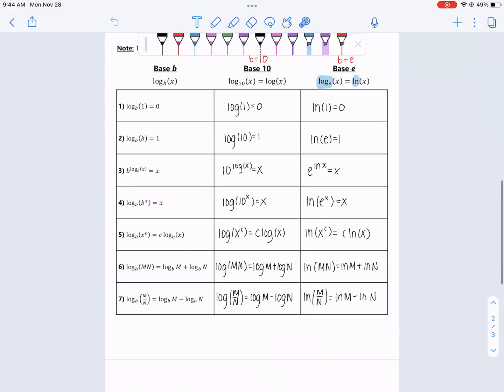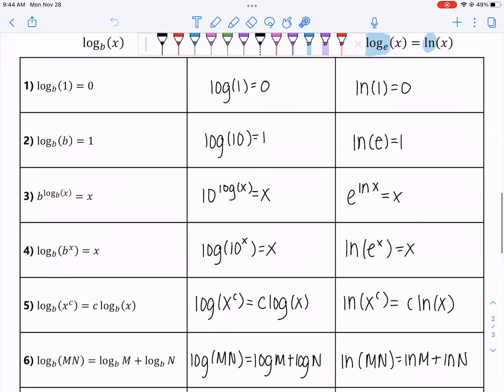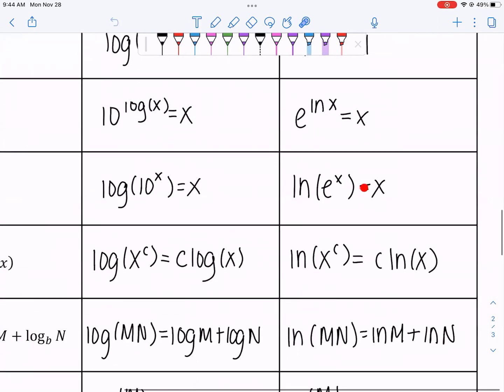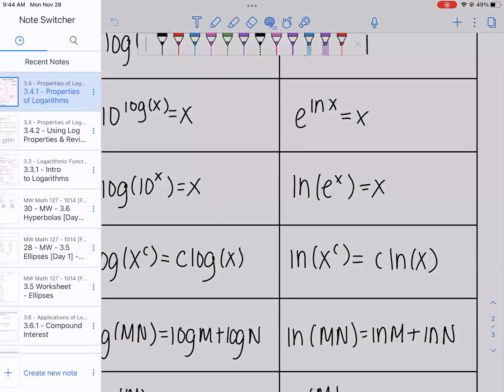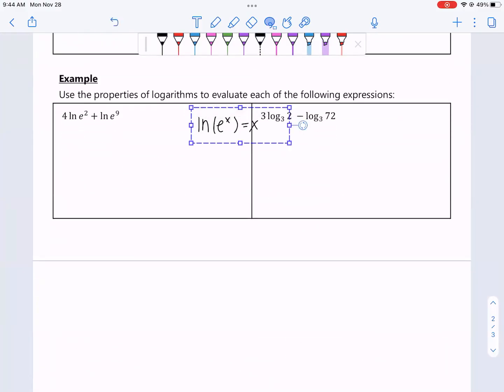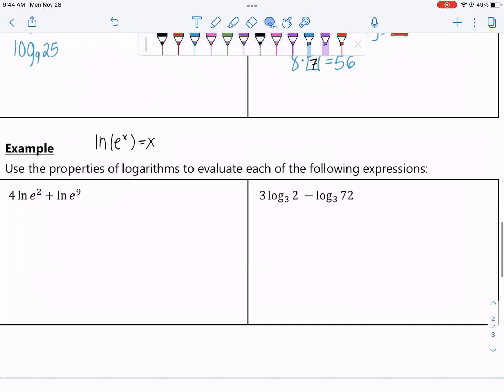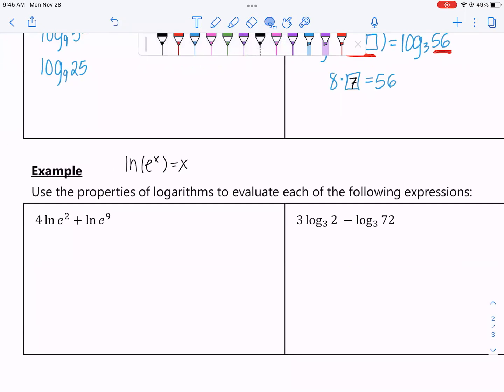If we go back to that first video that we did, the one right before this one, remember that ln of e to the x is equal to x, right? This is the base e equivalent. So when I look at something like ln of e squared, ignoring the 4, right?